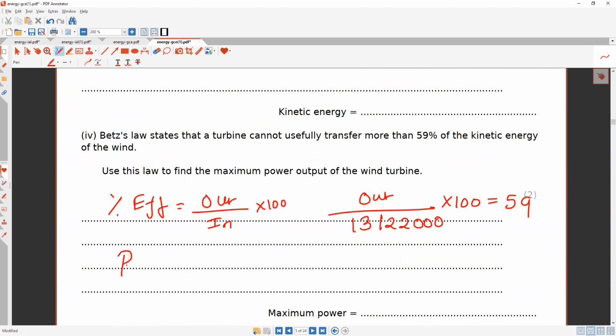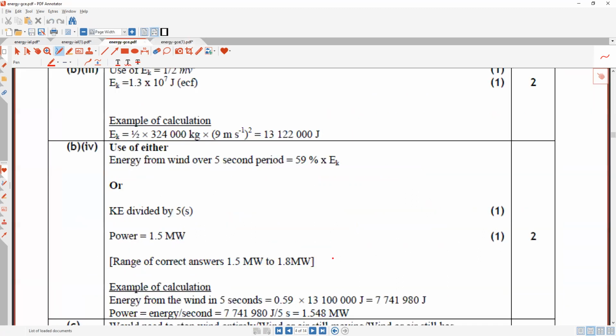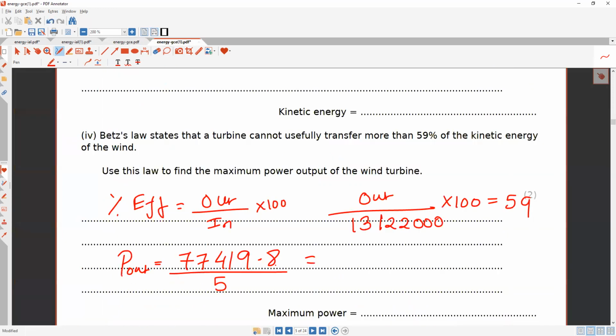Power output? 77419.8. How many seconds was it? 5 seconds, so divide by 5. Now this will give you the power. How much is it? 1.548 megawatt.